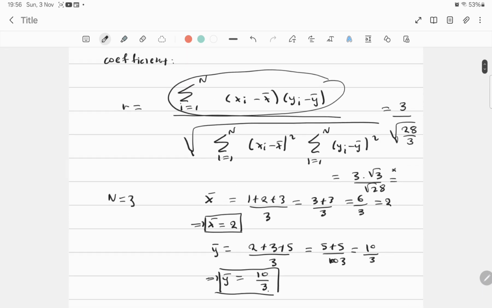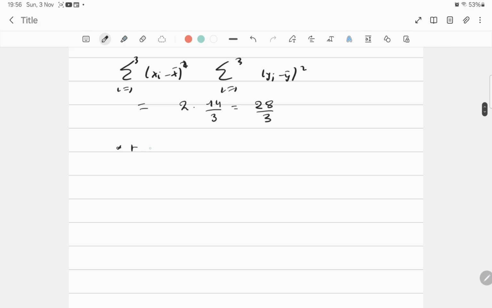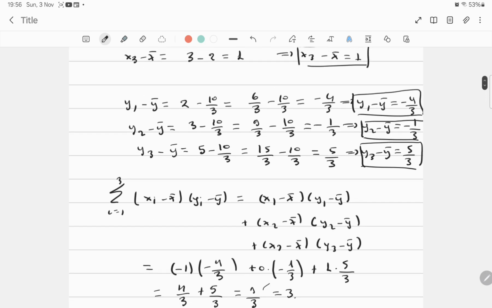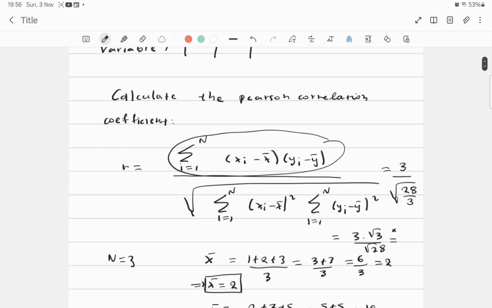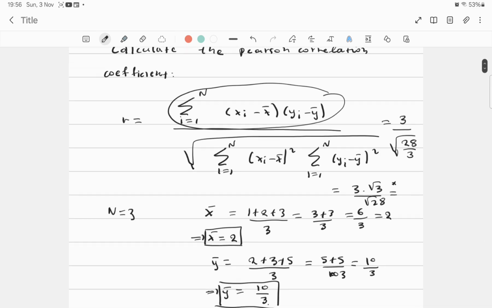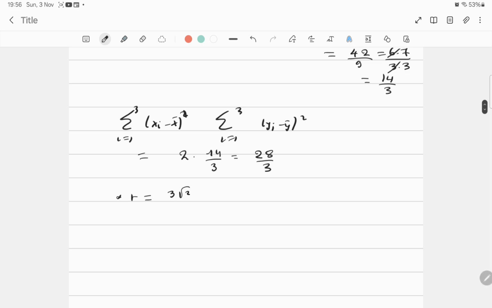So let's continue. Let's put a star here. R equals 3 times the square root of 3 over the square root of 28. Let's calculate the square root of 3.